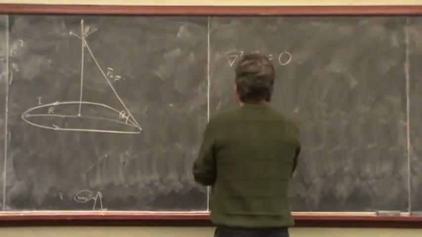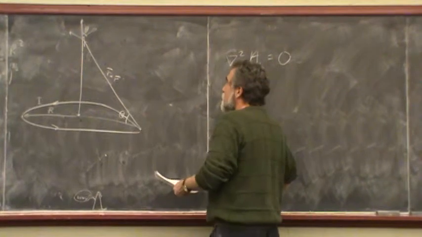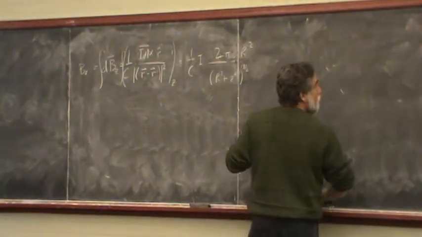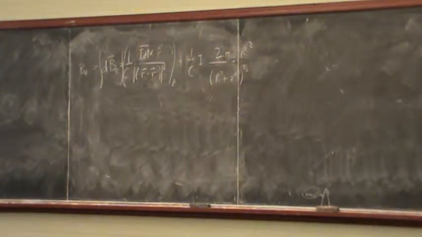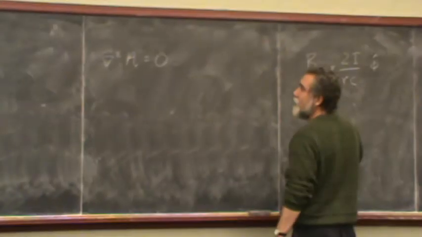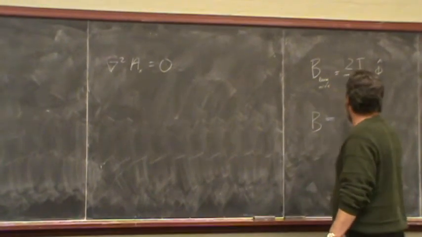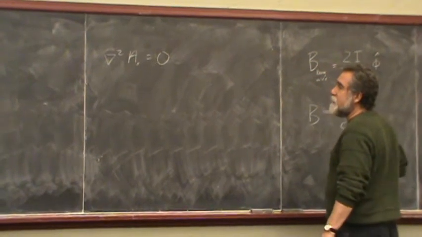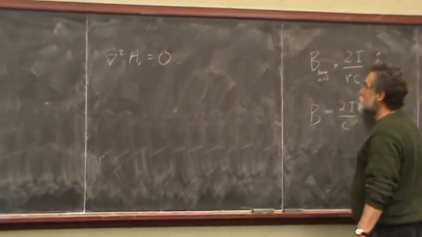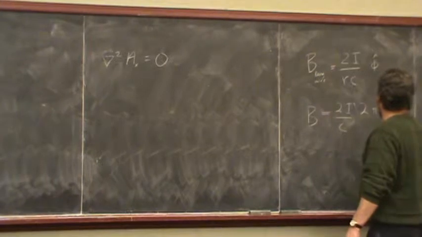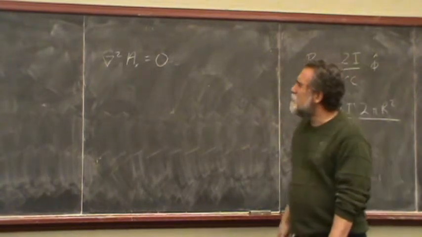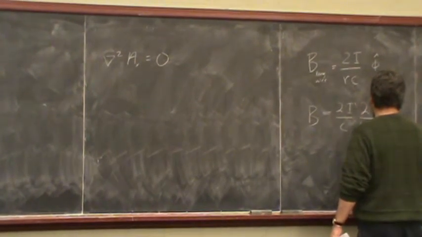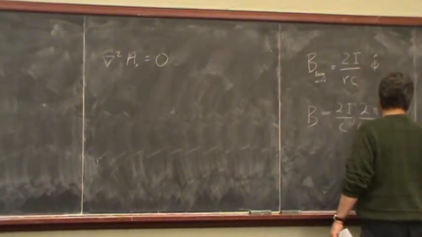Okay, so now I've got the field, I hope right, from a single loop of wire. So I had a long wire there, and over here I have a single loop of wire, which was 2 pi I r squared over c times 1 over r squared plus z squared to the 3/2.